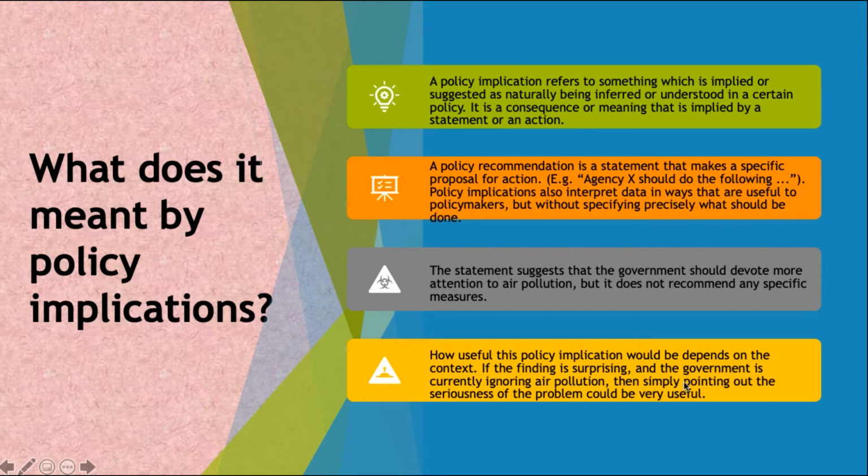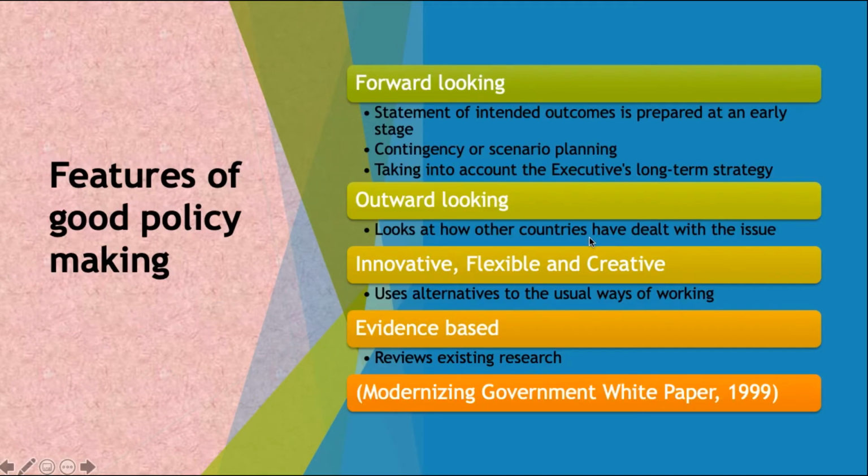But if the finding is not surprising, and this is already known, you have to be very specific and show how devoting more attention to air pollution could bring a better result.